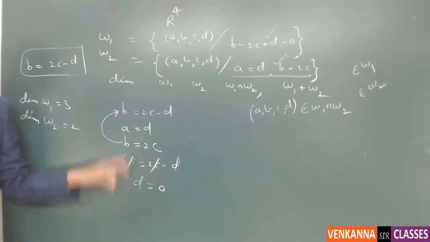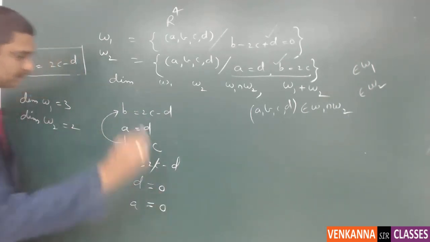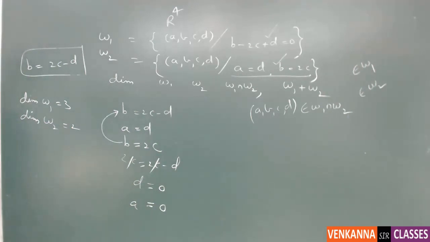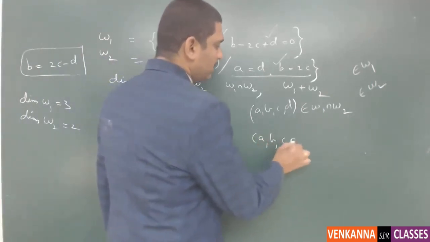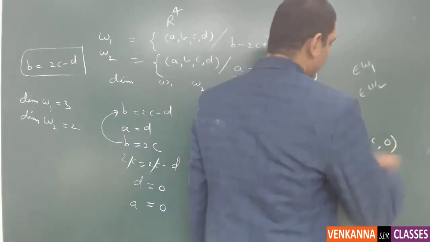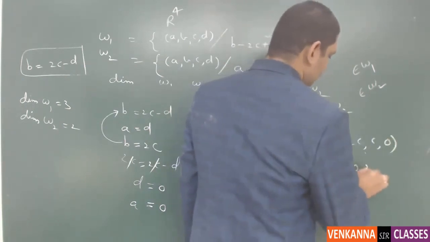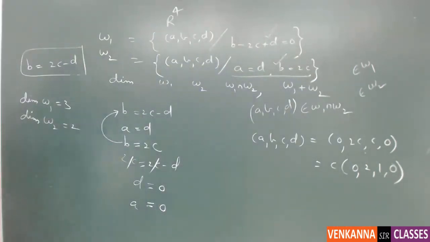Since D is 0, and A and D are equal, A is equal to 0. So whenever you take a point in the intersection ABCD, it is nothing but (0, 2C, C, 0). Accepted?